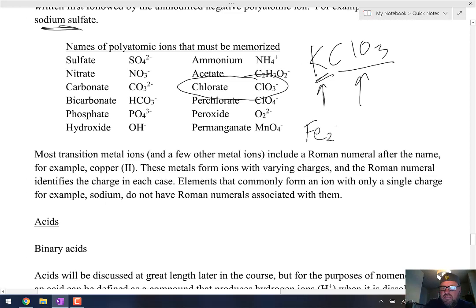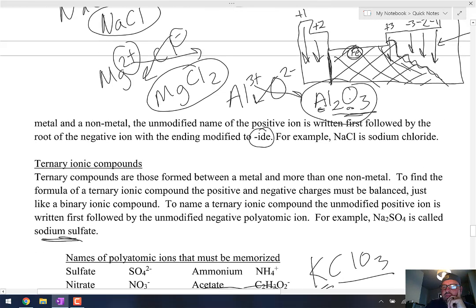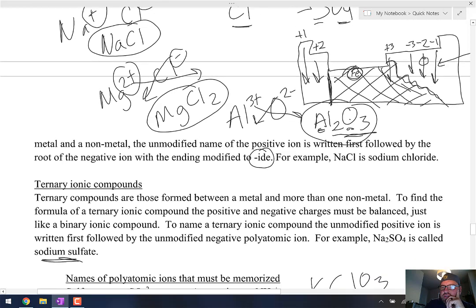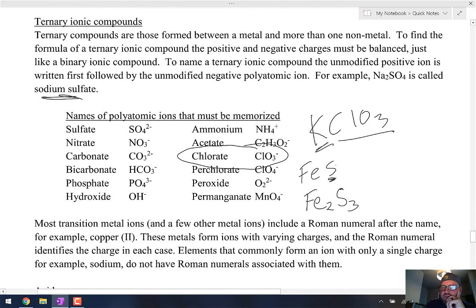You look at Fe2S3, or you look at FeS. And you go, oh, well, what's the charge on sulfur? Well, that's where you come back up here and you go, oh, well, sulfur is right below oxygen right here, so it's -2. So if sulfur's -2, the iron has to, remember, they have to cancel each other out.